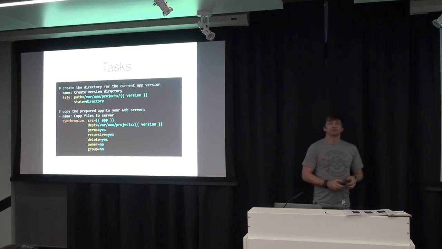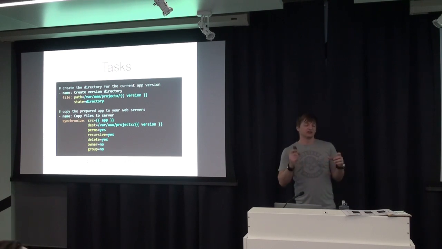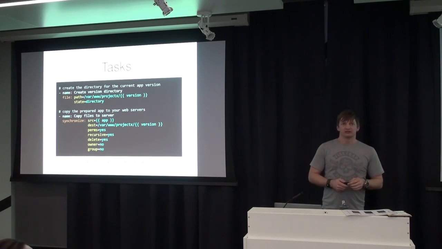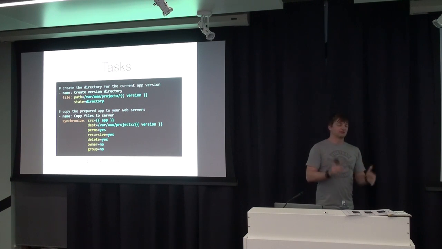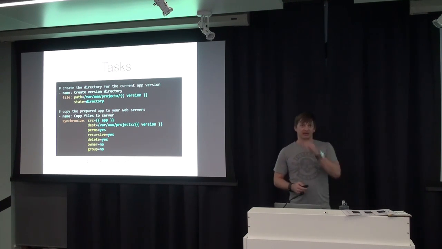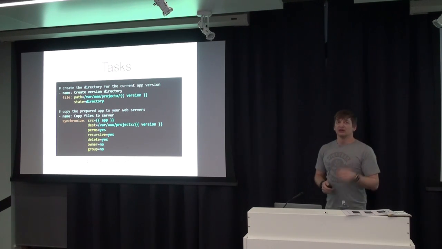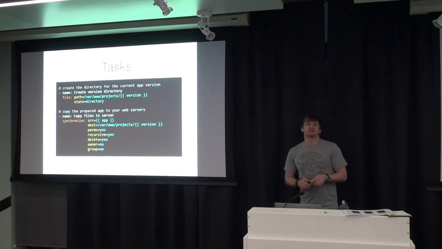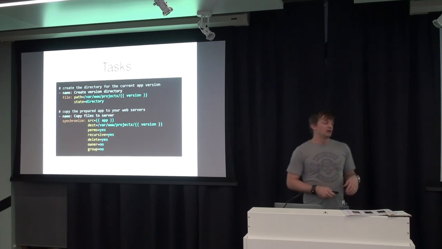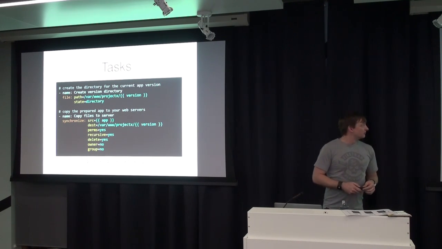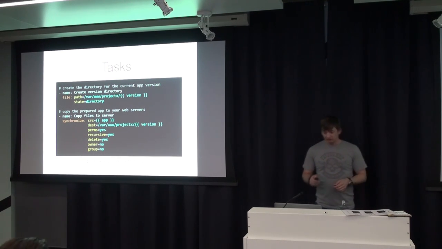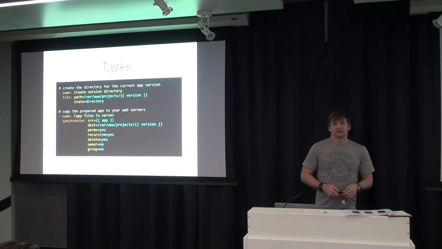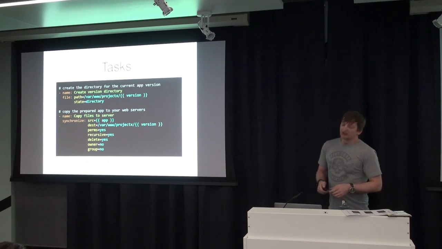So in this case, I'm using a version placeholder because I just want to make sure we have a different folder for each version. And in the second, you can see there's an app placeholder. We will inject this placeholder with the Ansible command later. So this is the first part we have to do.